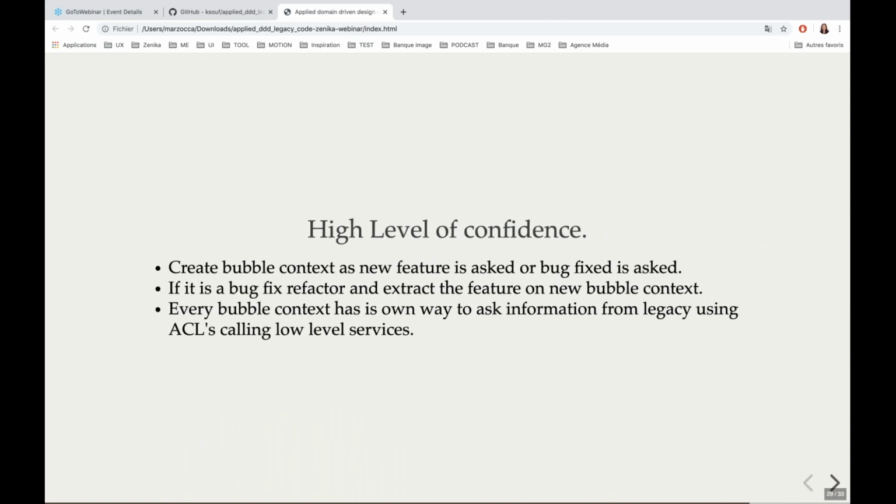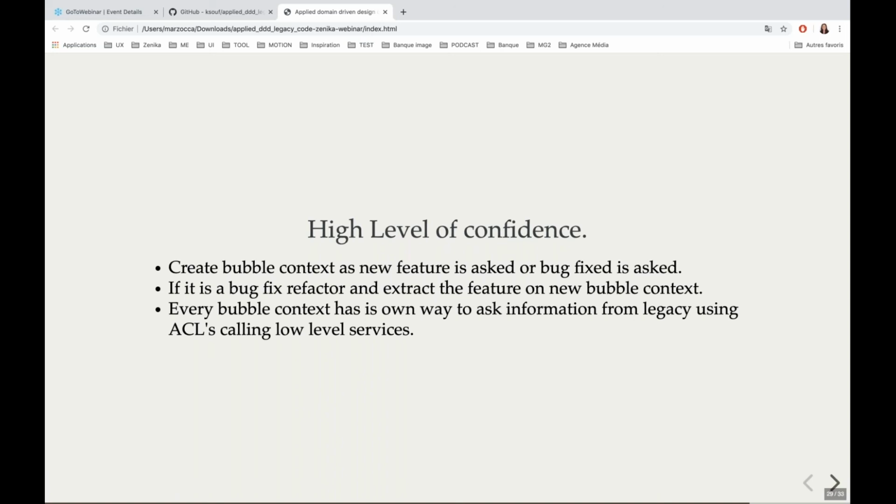What we call low level services can be repositories, or maybe something to send emails or messages, other stuff. So the bubble context will not call a high level service. It's going to be calling a low level service.